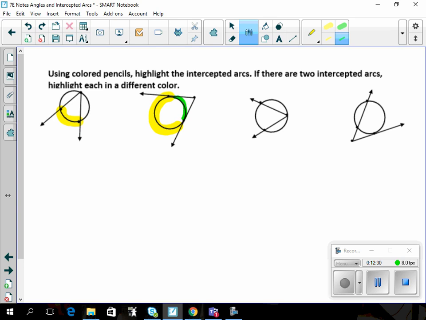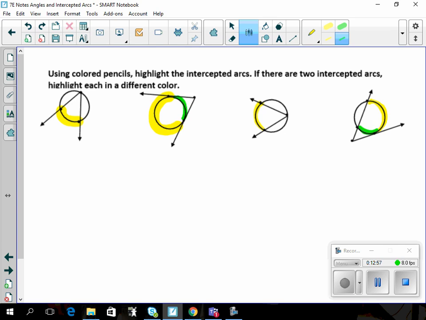Both of those are. All right. Then we have this one. Would you agree? We have this one. Am I done? Got another one, don't I, on that last one? It's like down here. How'd we do? We should be able to identify intercepted arcs, okay? Again, confined to be within the angle.